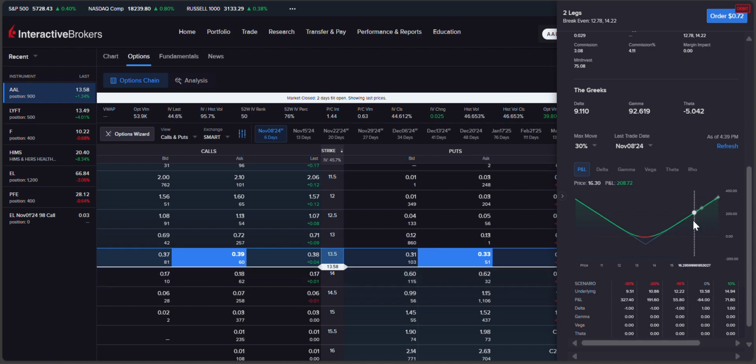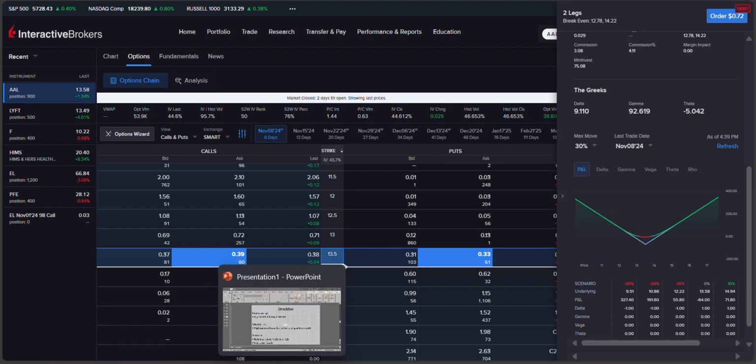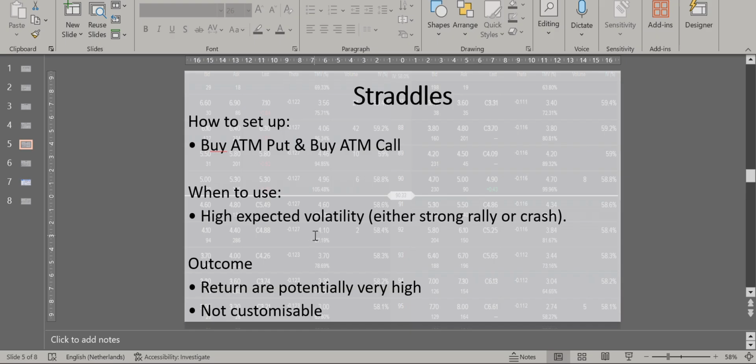And so most of the outcomes end up in profit, but the probability that they will end up in the green part of the profile is much lower on average than staying near the strike price. And so as you can see, this is a strategy that is used when volatility is expected to be high, right?